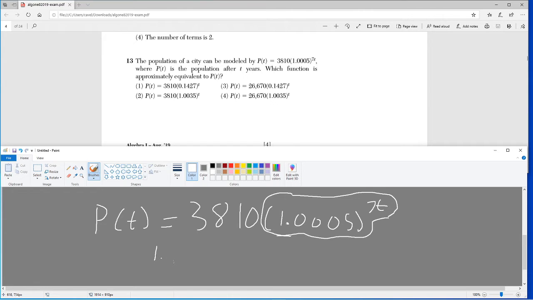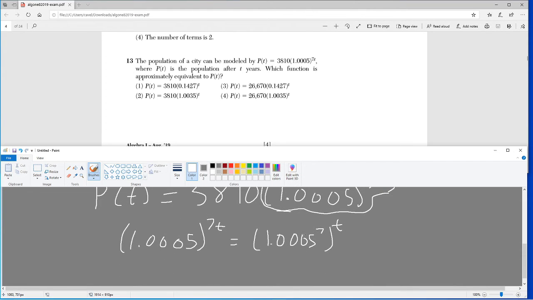So what you can do is use the power to power rule and realize that 1.0005 to the 7t power is basically 1.0005 to the 7 power, to the t. Let's call it the power to power rule.